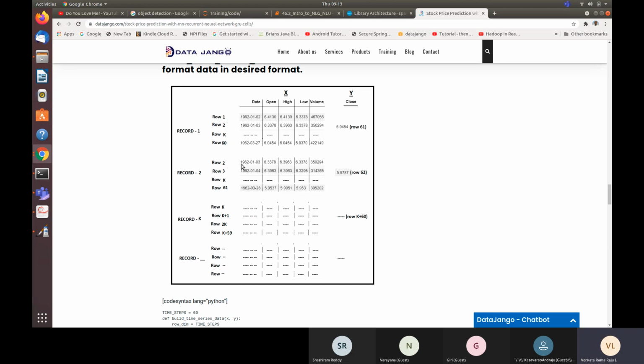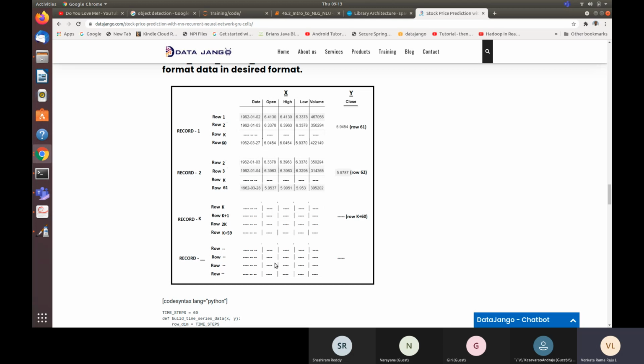Second iteration, it takes row 2, row 3 as time step 2, and row 61 as time step n, right? 60 time steps, and then it generates some value, looks at the closing price of the 62nd day, and tries to calculate cost. Again, it adjusts the weights, takes row 3, row 4, row 62, and row 63 as the output.